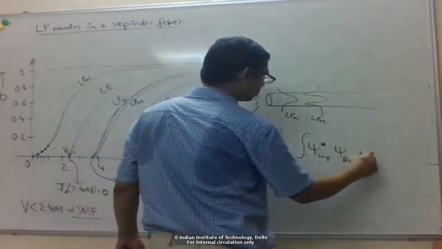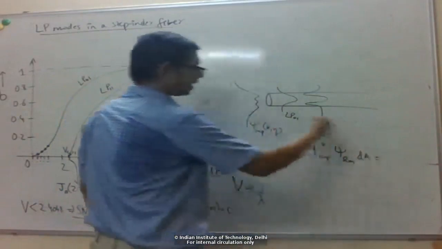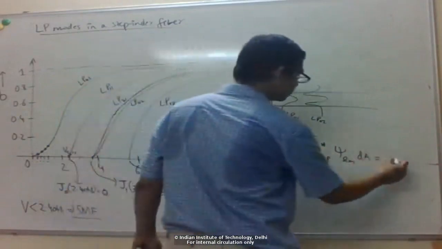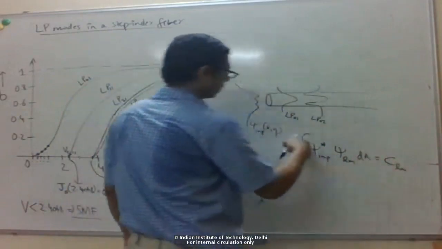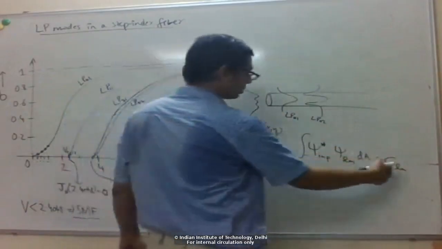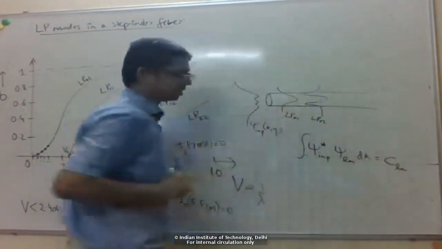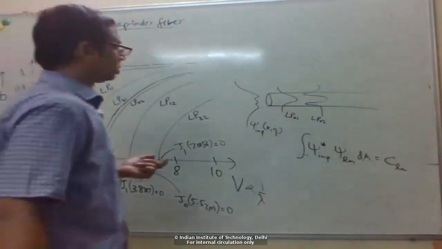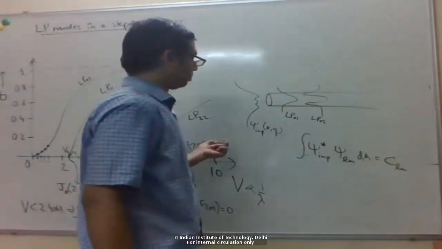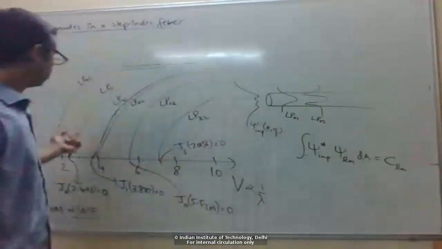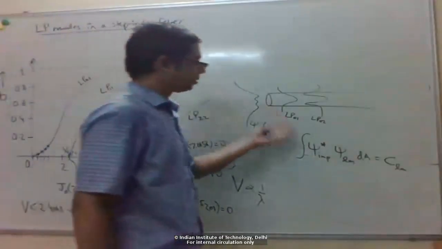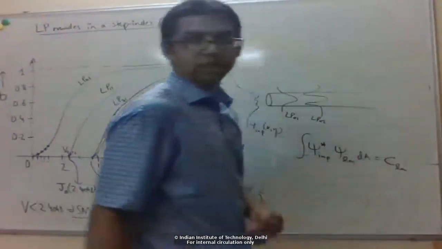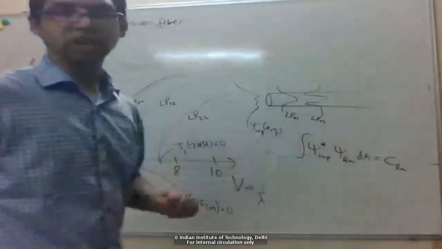This overlap integral will give you some value, which is the coefficient, or the power, in that mode which is excited. So in general, all modes will be excited with different strengths, depending on what your input launch profile is.